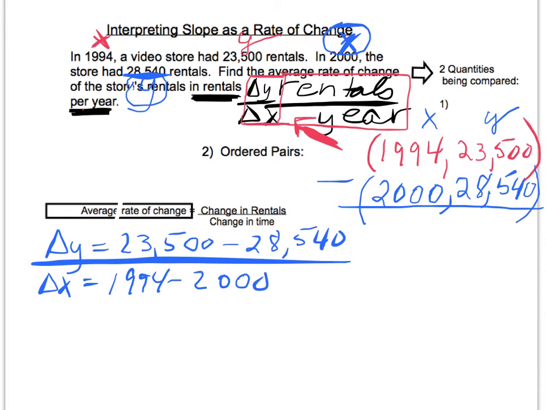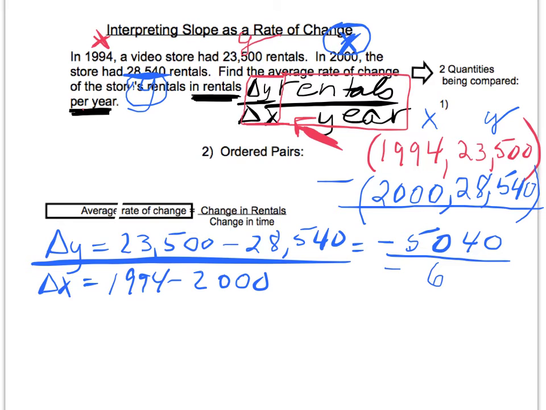Okay, so let's go and finish it off. 23,500 minus 28,540 is a negative 5,040 over 1994 minus 2,000, that's negative 6.